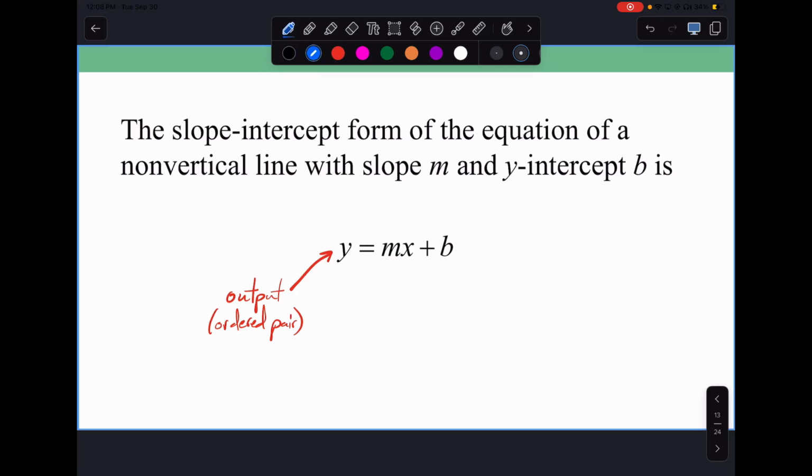The x is my input, and is also going to be in my ordered pair. Because we have x, y.